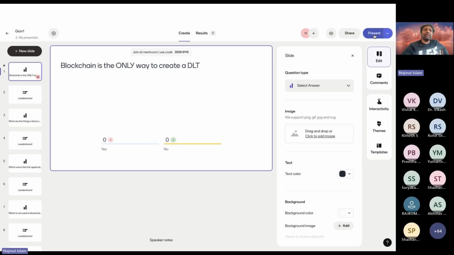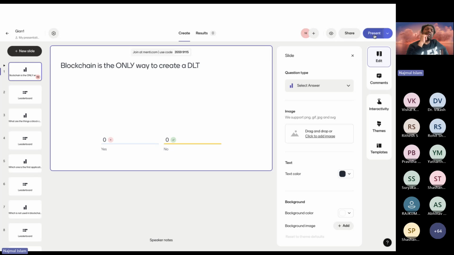Let's take a look at the next question. Now 58 players are ready, so more people are coming. Which one is the first application on blockchain? Bitcoin, Ethereum, or Ripple?